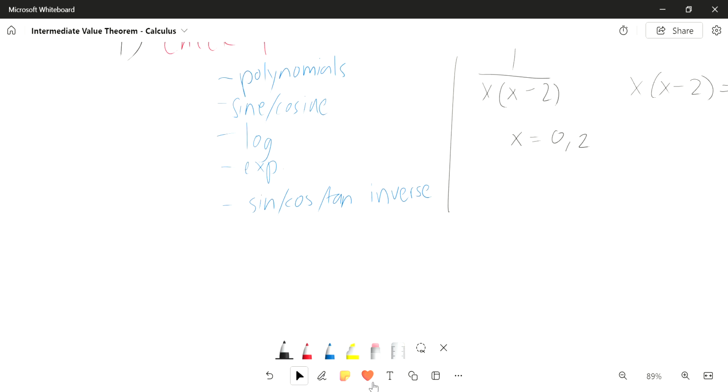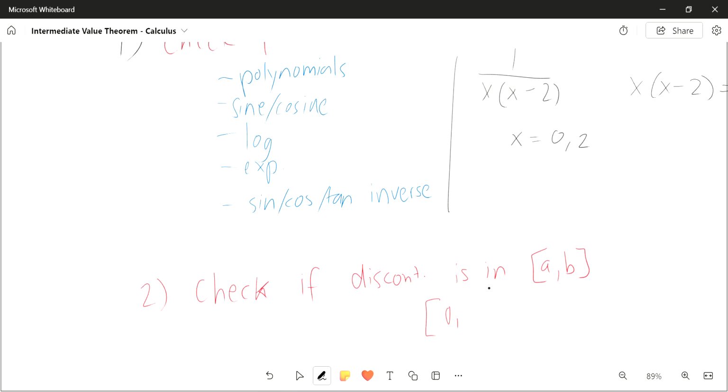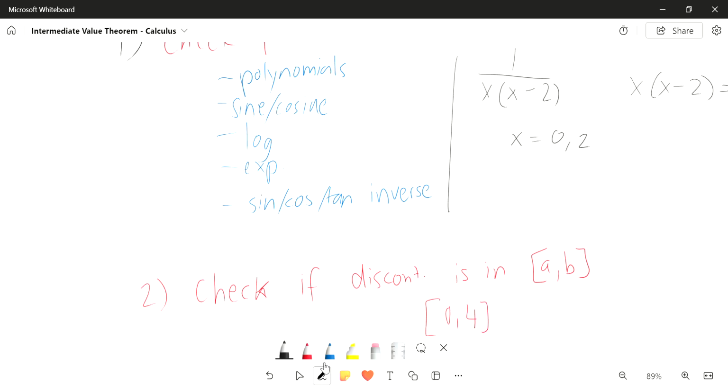And so now once you have the discontinuities, check if those discontinuities are within your interval. So say you're looking at the interval from 0 to 4, and you have a discontinuity at x equals 3.